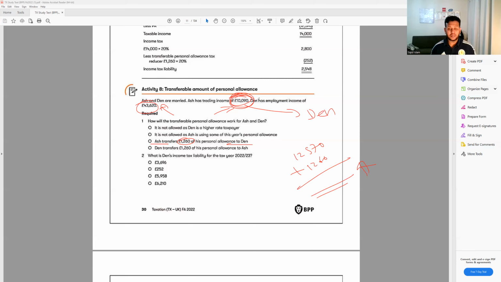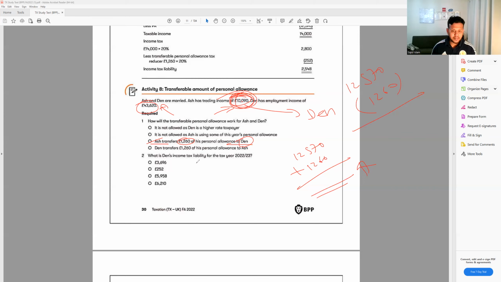It will be covered by the personal allowance, because her personal allowance is 12,570. Even if I minus 1260, it is still more than 10,000. So all the personal allowance will cover all the income for Ash anyway. So Ash can transfer the remaining personal allowance, that is maximum 1260, to the husband. And Dan will pay less tax because his personal allowance will go up.